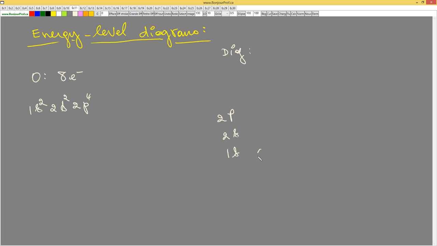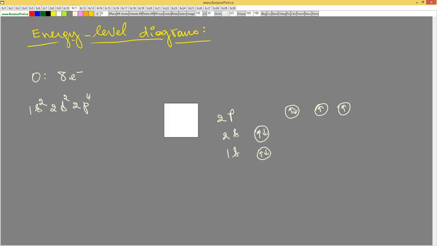How many rooms do I have in 1s? Only 1. In 2s? Only 1. On the p? 3 rooms. For 1s, the room is full, so I have 1 up, 1 down, and the same for 2s. In the p I have 4 electrons, so I can put the first 3 singly, but the fourth is forced to pair with the first one here. This is the diagram for the oxygen.